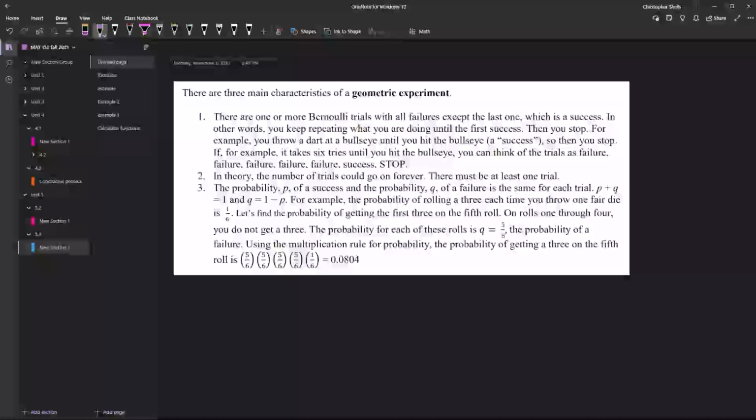In this case, the probability for these first 4 rolls is Q, which is 5/6, because that's the probability of getting a failure on any given roll. Using our multiplication rule for probability, the probability of getting a 3 on the 5th roll is 5/6 times 5/6 times 5/6 times 5/6 times 1/6, which is about 0.0804.